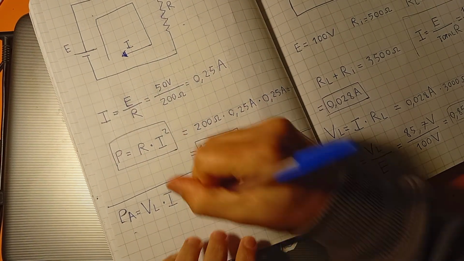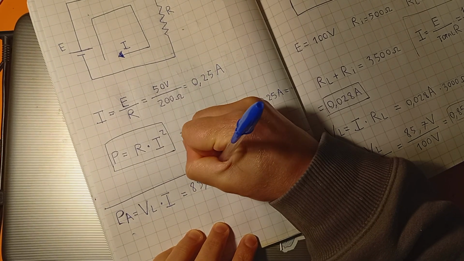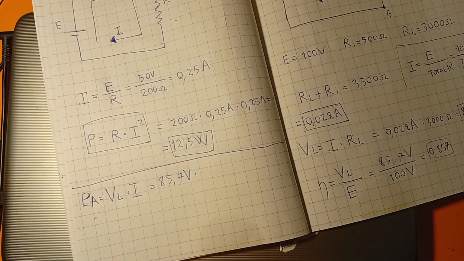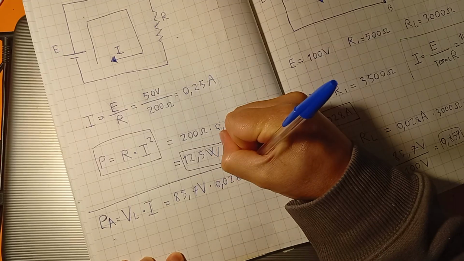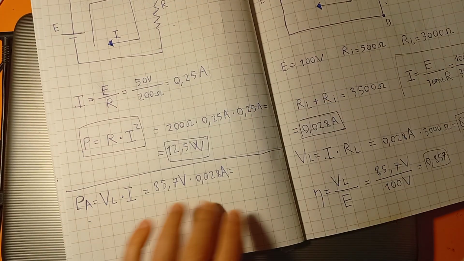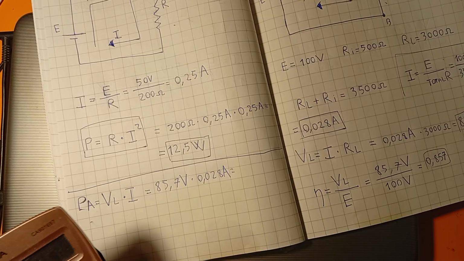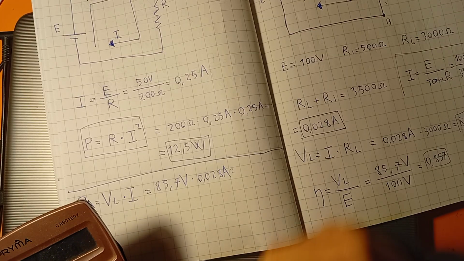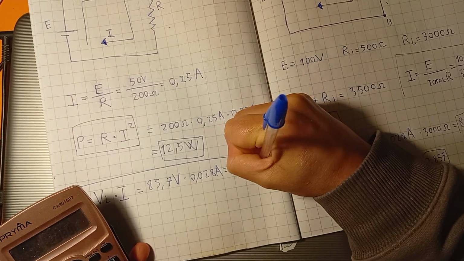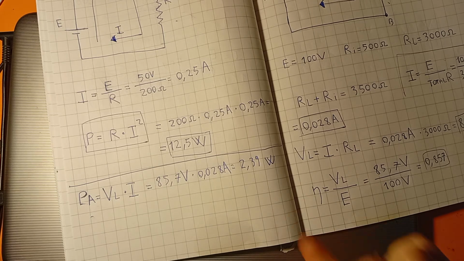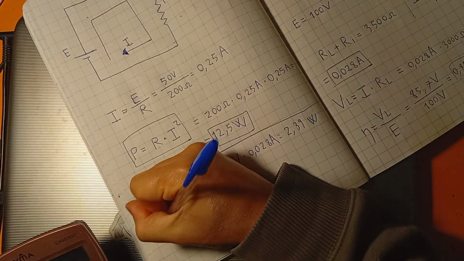Let's calculate this. The voltage drop is 85.7 volt, and then I multiply this by current, which is 0.028 ampere. So 2.39 watt. This is the absorbed power. Now let's calculate the generated power.